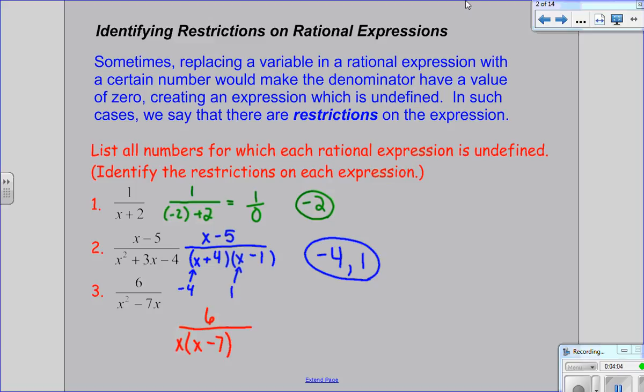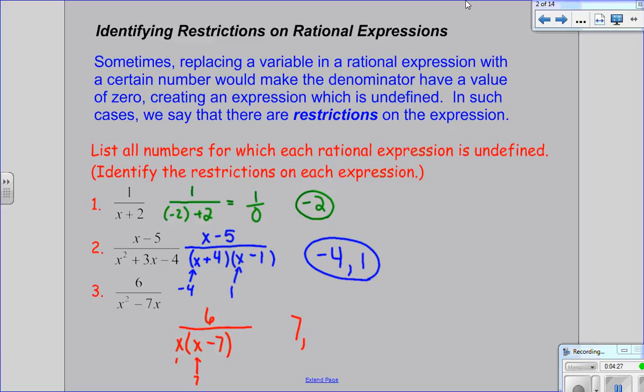Now that it's factored, let's see what values of x would result in a 0 in the denominator. If I plug a 7 in for my x's, that binomial would be 7 minus 7, which would equal 0. And 0 times anything would be 0. So 7 is my one restriction.